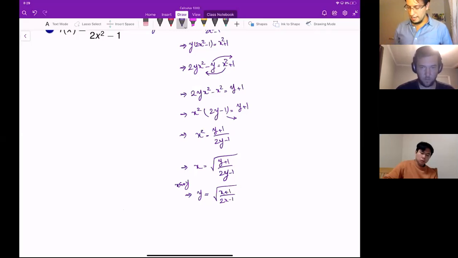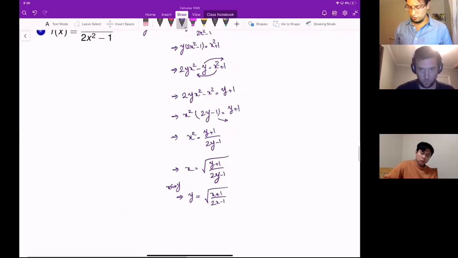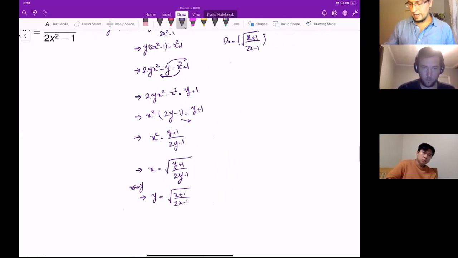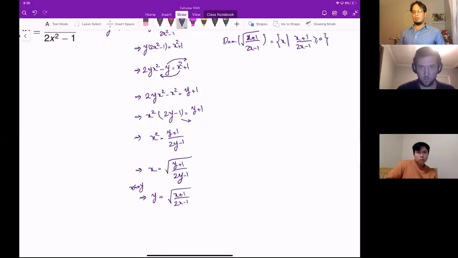Okay, so now you have this function. You want to find the domain of this guy. So the domain of root x plus 1 over 2x minus 1 is the values of x for which the expression under the square root is either 0 or bigger than 0.